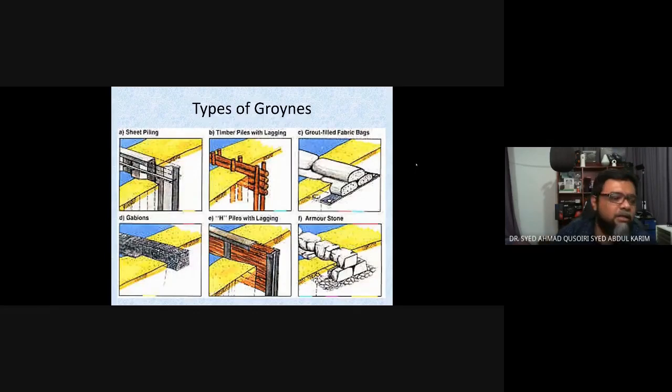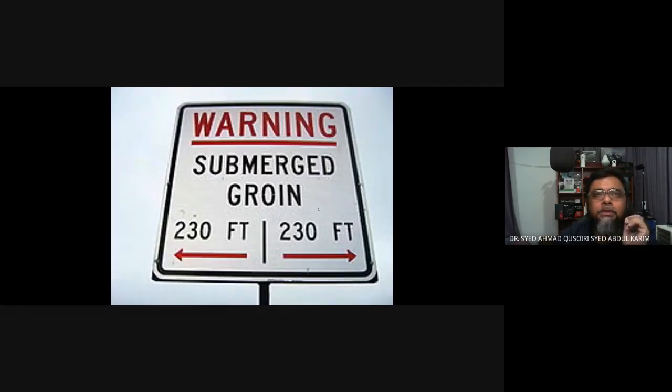Whatever goes lah. That is very flexible. Boleh guna piling, sheet pile, H pile, with timber legging, timber pile, fabric bags, sand bags, gabion, batu besar pun boleh. So this is a warning sign for submerged groin.